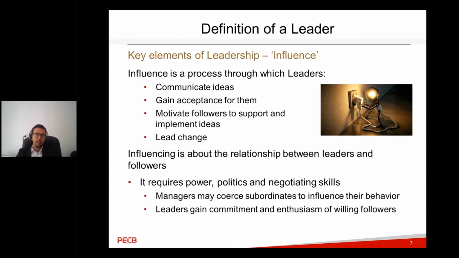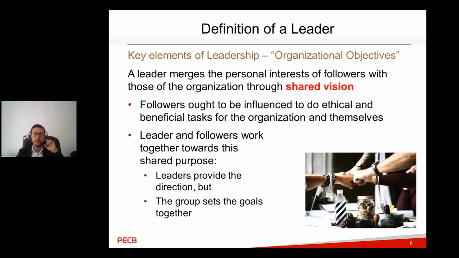Another key element of leadership involves organizational objectives. When we talk about organizational objectives, it is the exact same things that leaders are trying to influence employees with. It is the concept of shared vision that we discussed, when employees are united under the same goals.